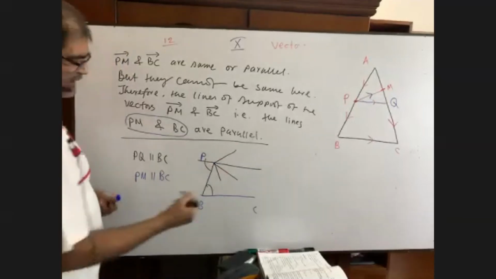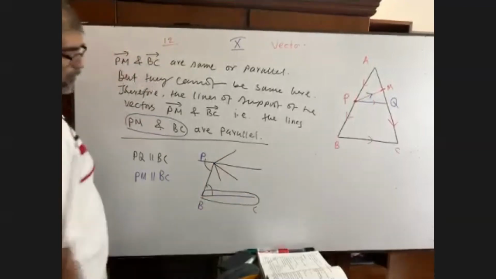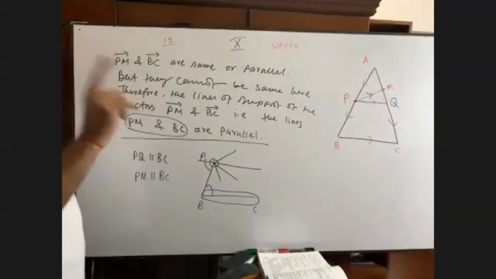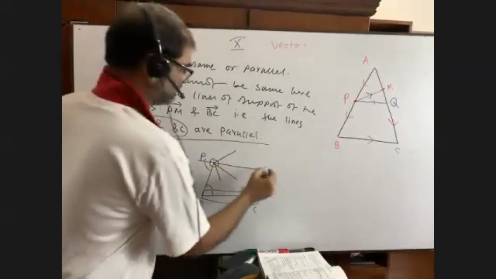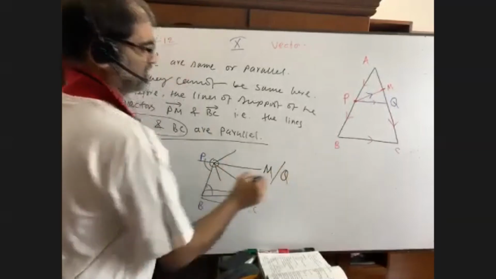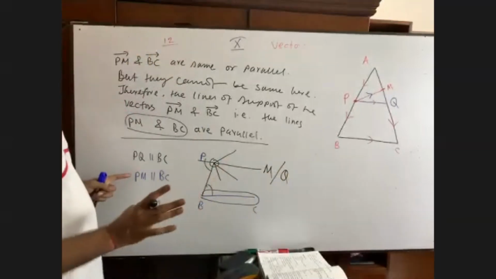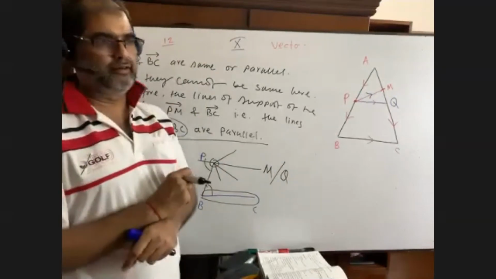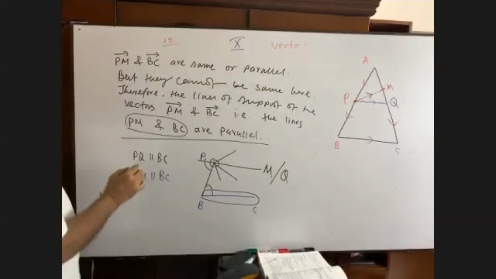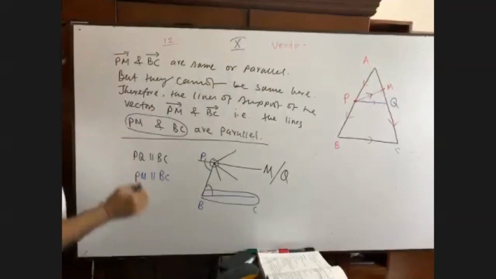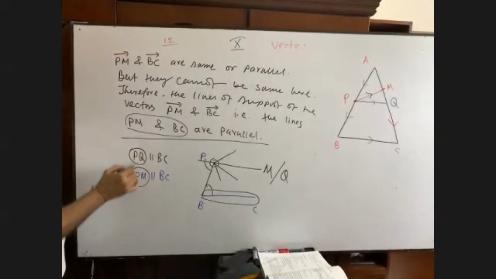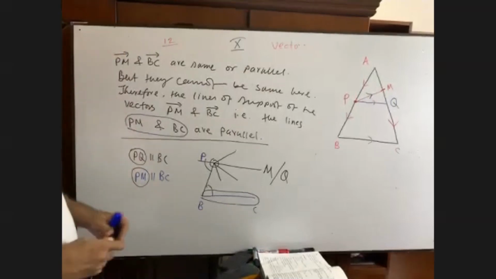That means it is a given straight line, and it is a given point P. We can draw only one straight line, that is PM, or that is PQ. Any of these, either PM or PQ. Not two lines, only one line. But we have got two lines here, PQ and PM. And we have proved that both PQ and PM are parallel. Okay?